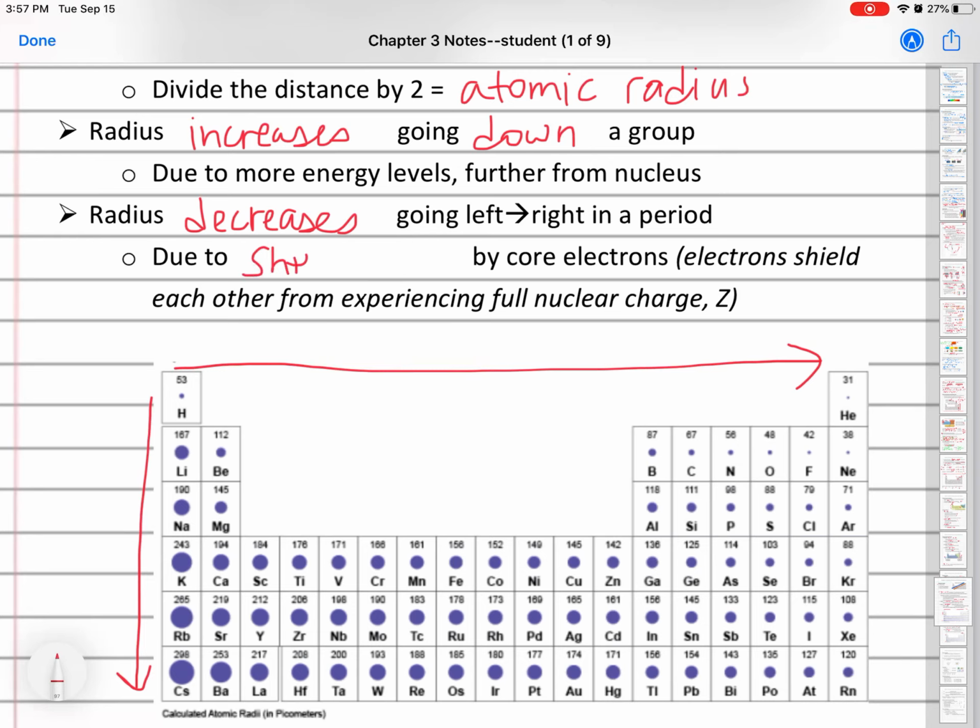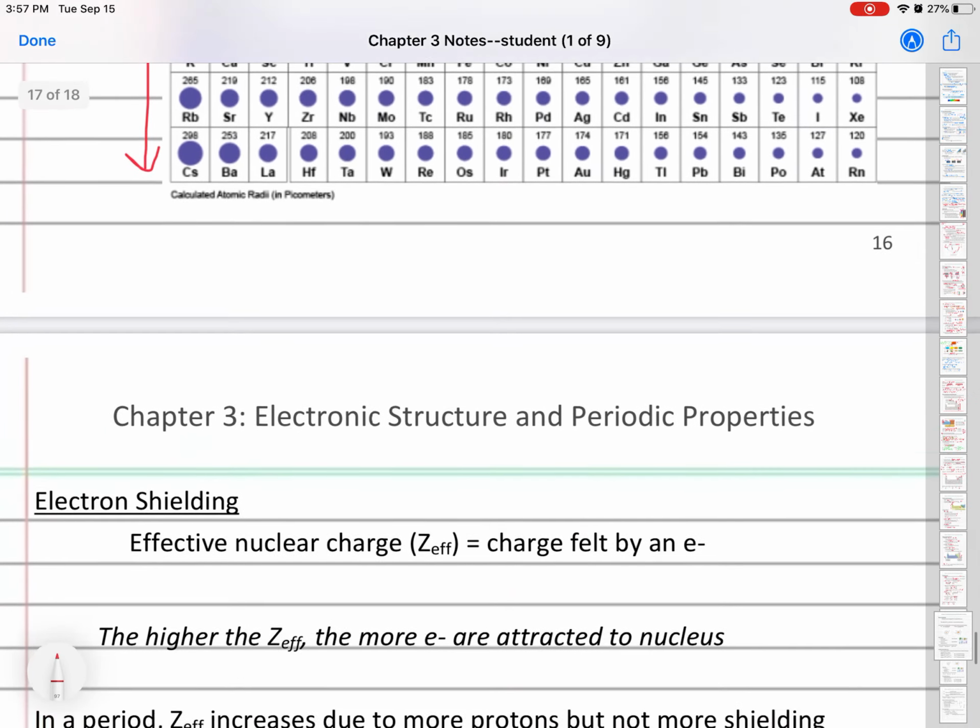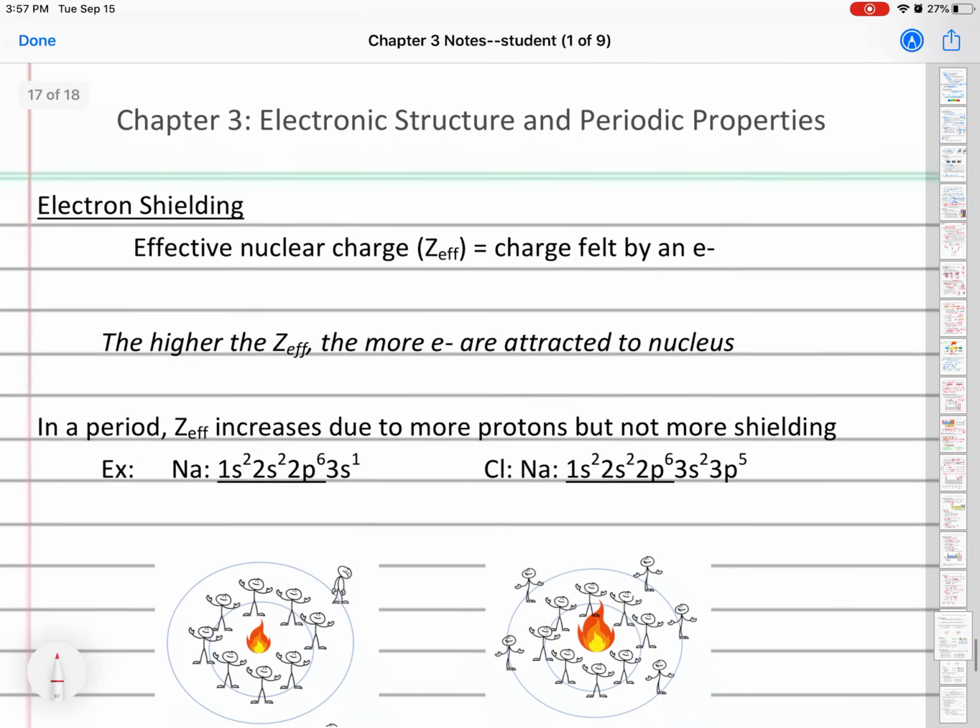And that is because of something called shielding. I probably spelled that wrong. I before E except after C, so flip that. And this is something that core electrons do. They basically block the outer electrons from feeling that positive charge of the nucleus, from experiencing that full charge, or Z, the number of protons.